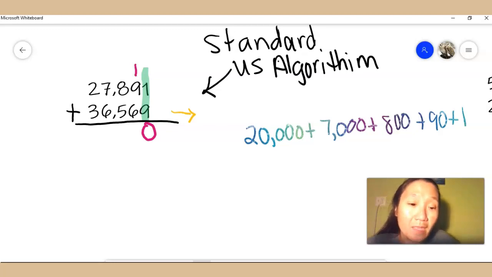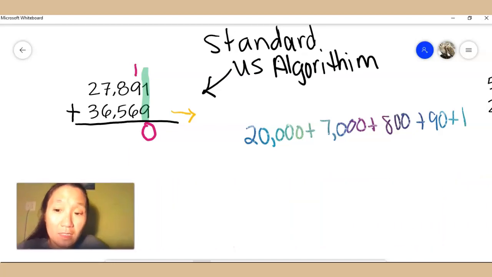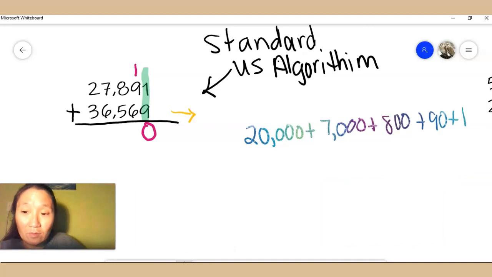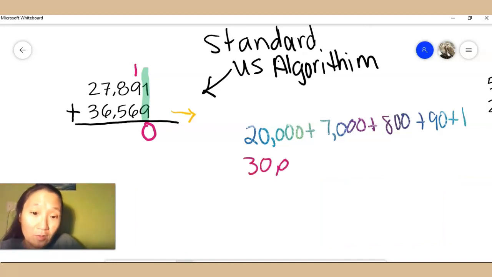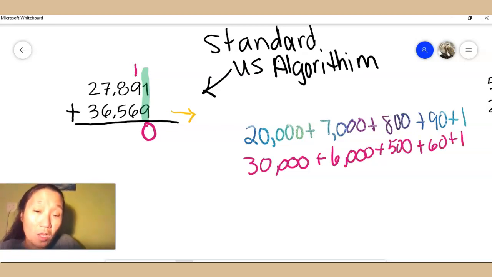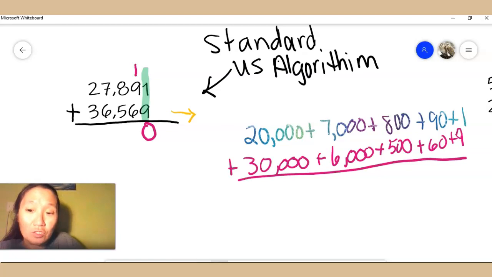And then down here, you would have 30,000 plus 6,000 plus 500 plus 60 plus 9, and that's the same problem. These two are the same.